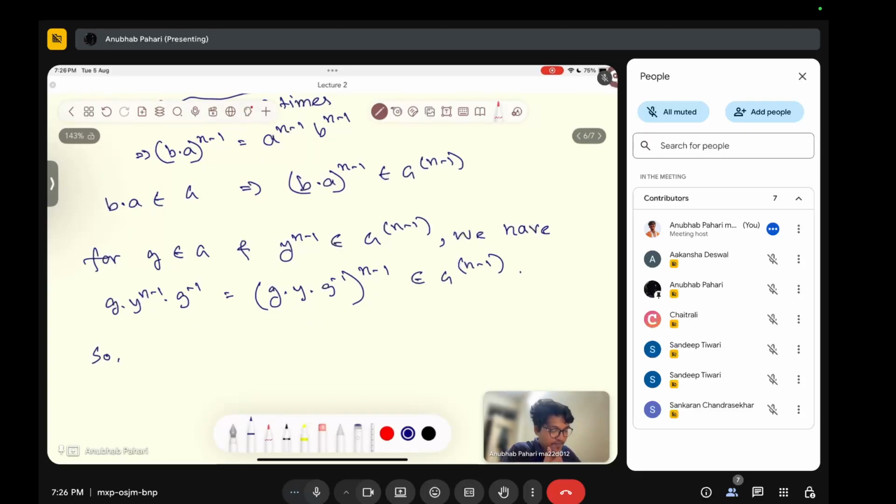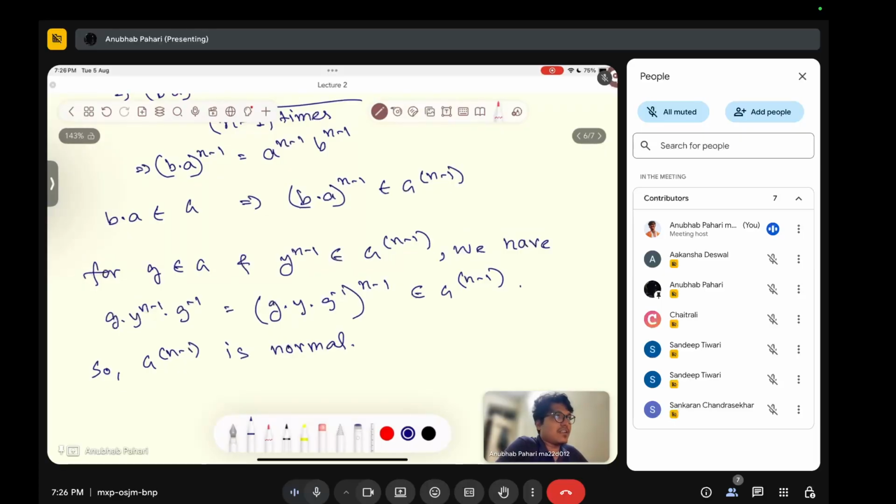So it is normal. The main challenge in this whole problem was only to show that G^(n-1) is a subgroup.